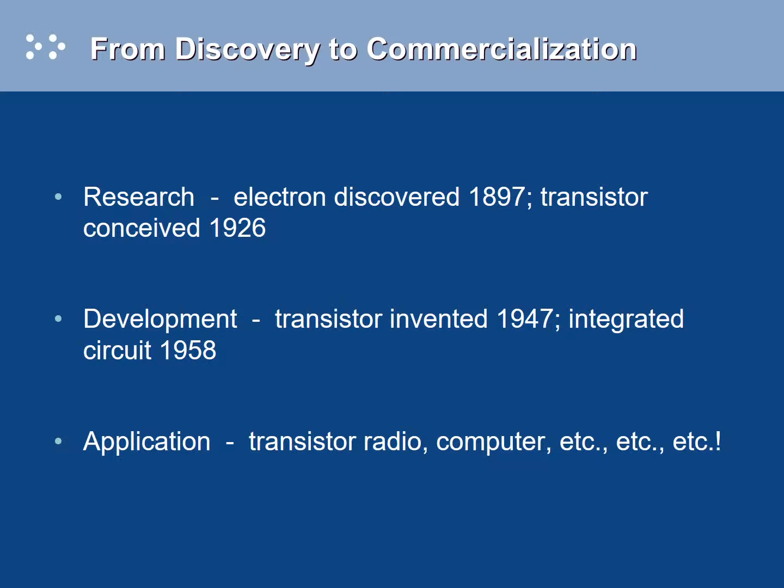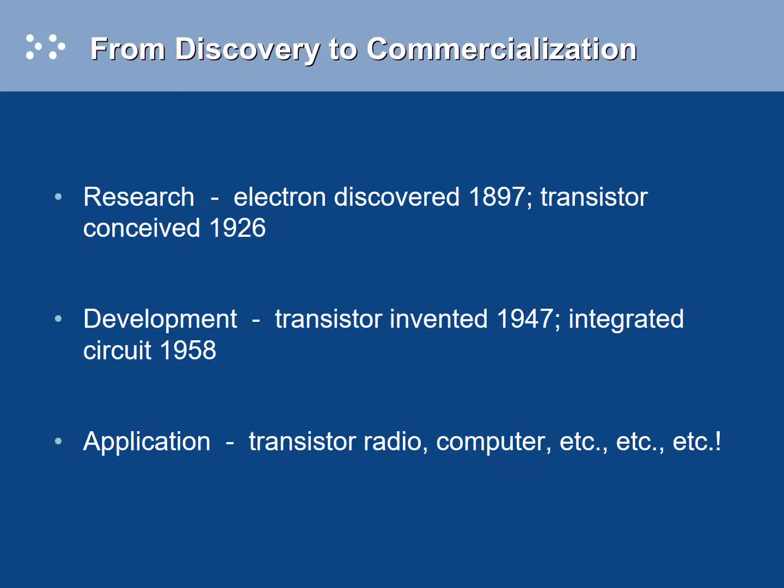A really great example of the relationship between research and development and application is provided in the way that basic science led from the discovery of the electron to the development of the transistor radio and the computer and on and on and on in a very brief time.